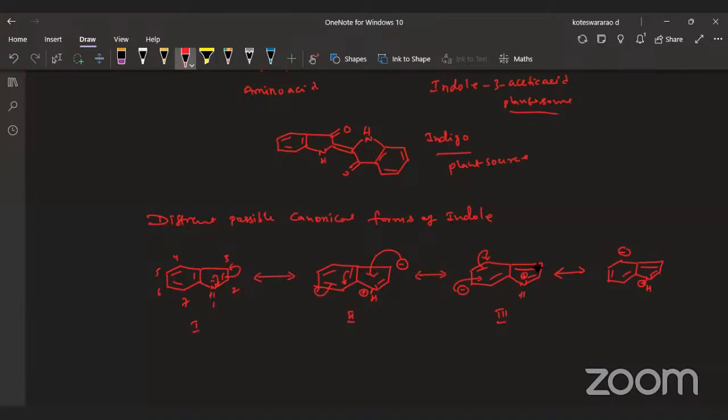Next. Again, it will be reversed. Then this is moving to here. This pi bond is moving to here.